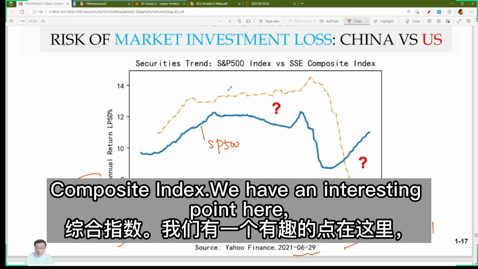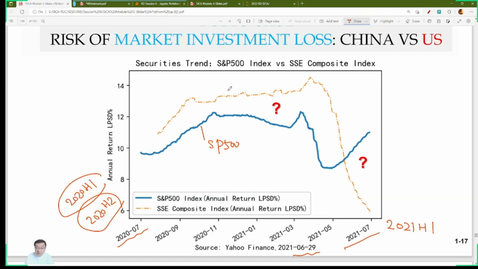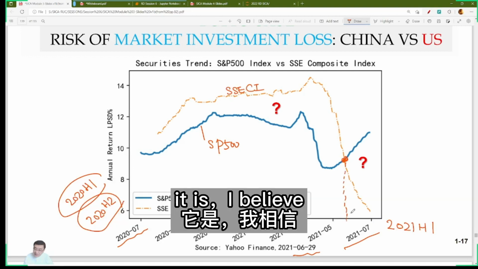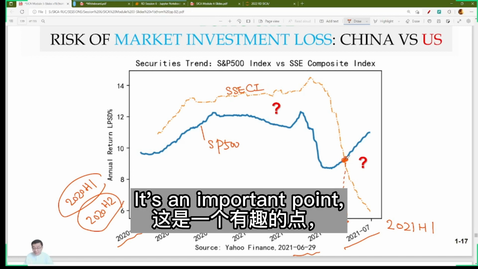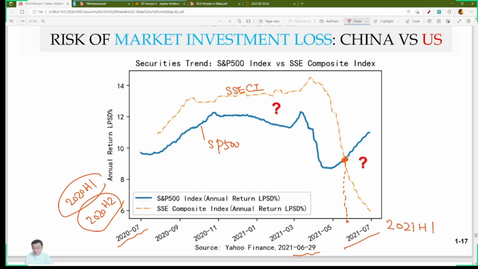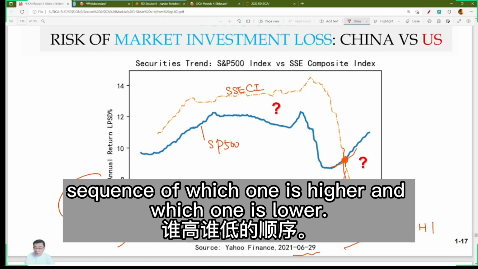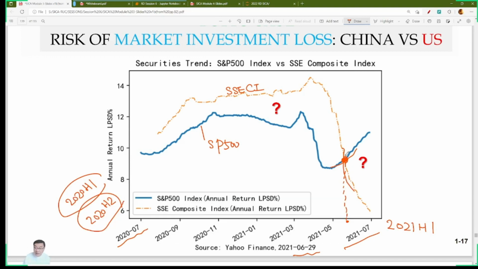We have an interesting point here. It is, I believe, end of May or early June. It's an important point where they change their sequence of which one is higher and which one is lower.